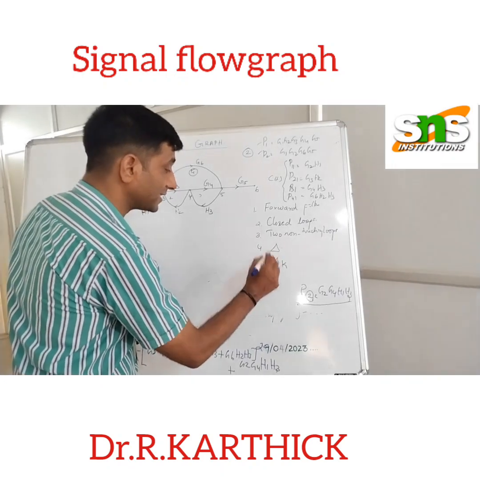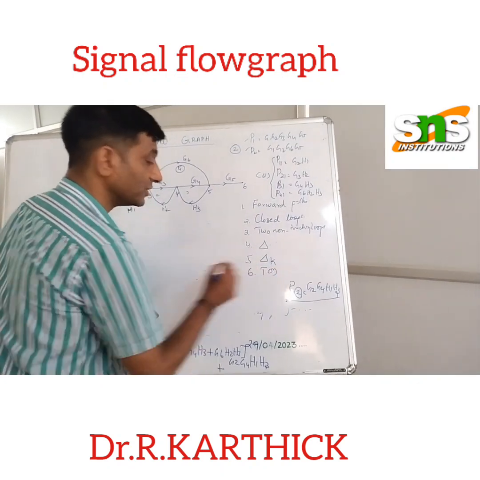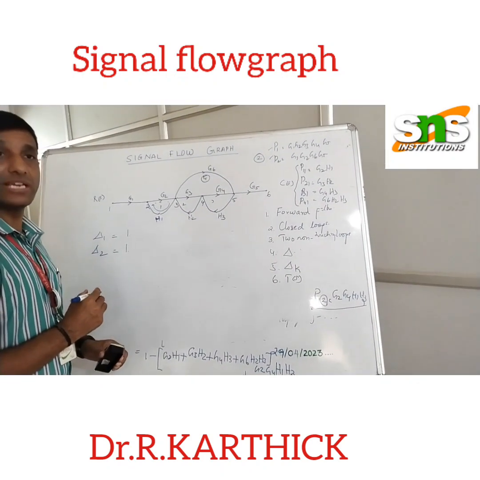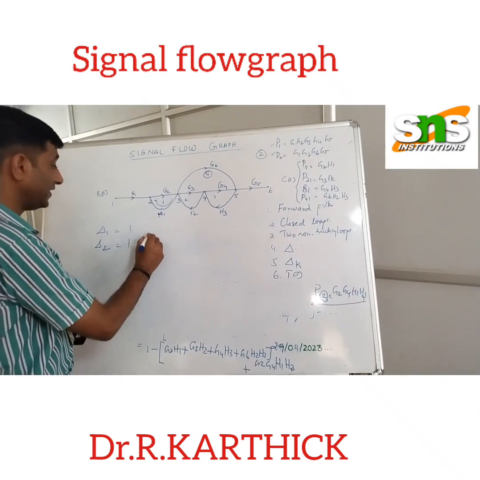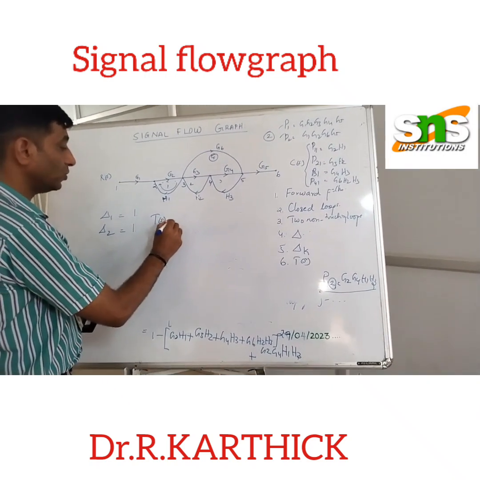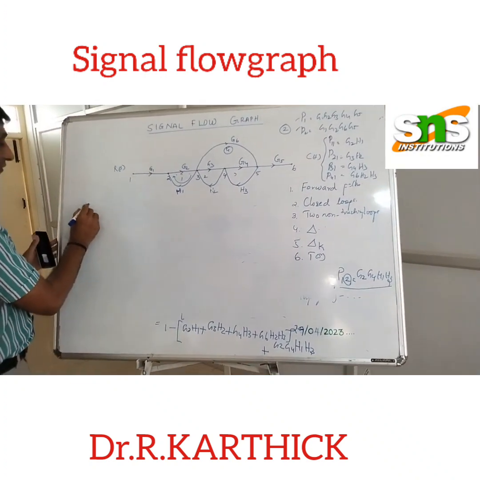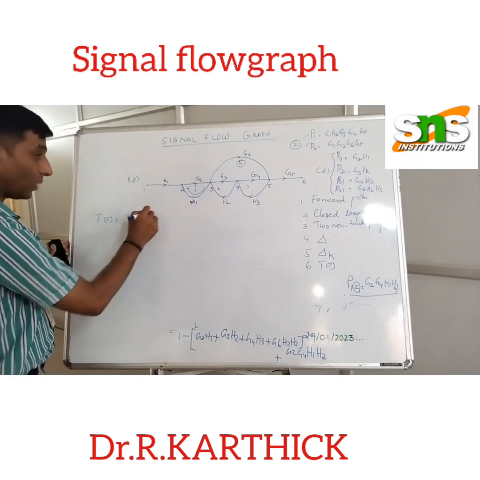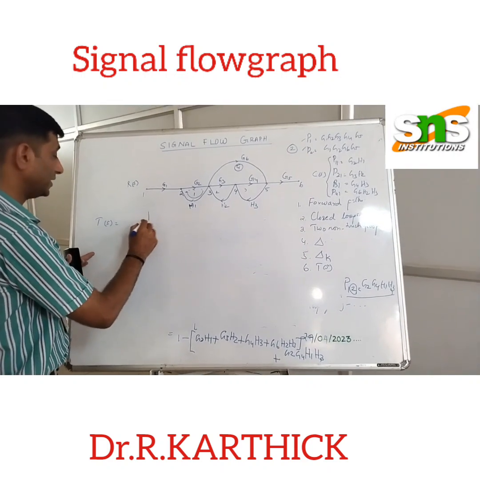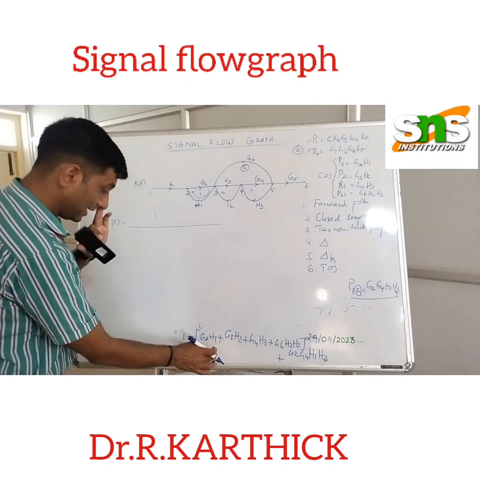And finally the last step is to find our transfer function T of S using Mason's gain formula. So my T of S is equal to 1 divided by delta, where I'm writing this entire thing as delta.